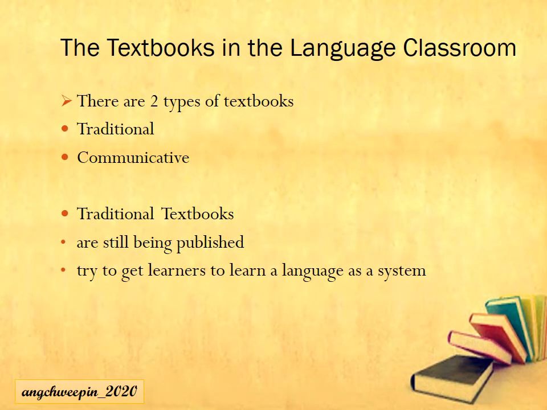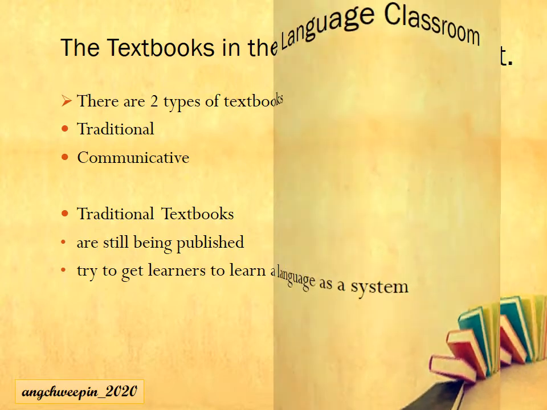The textbooks in the language classroom, basically there are two types of textbooks, namely traditional textbook and communicative textbook. Traditional textbooks are still being used and published until this point in time, and their main function is to try to get learners to learn the language as a system.